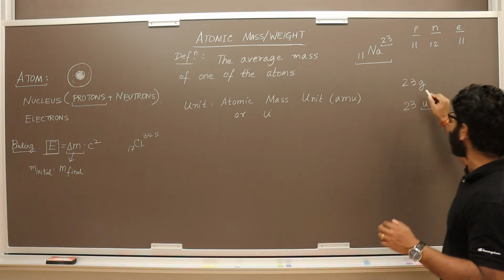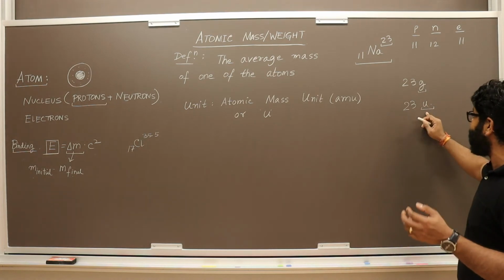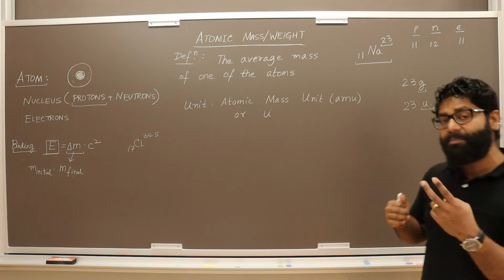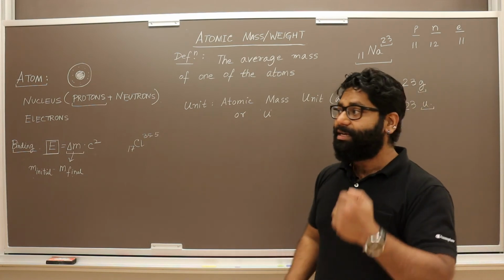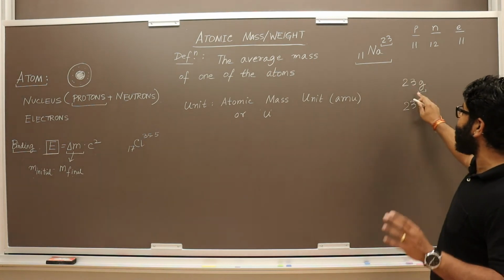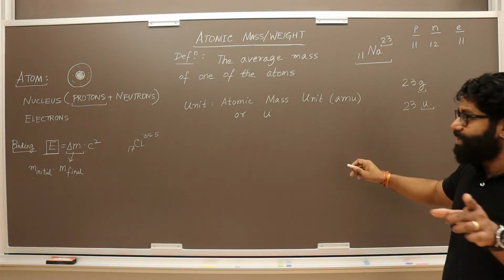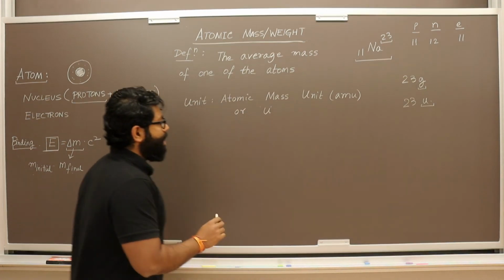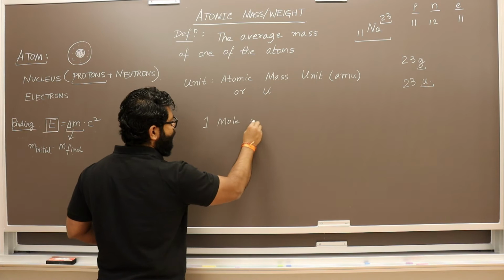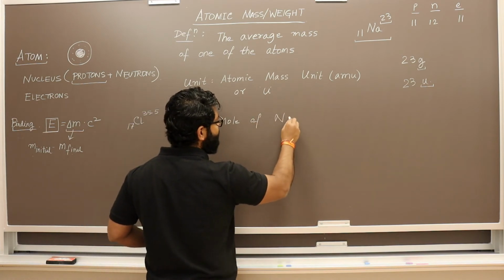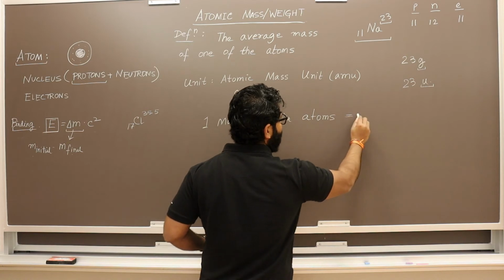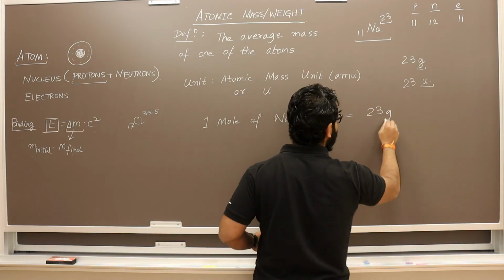Now there's a relationship between this gram and this u. When we talk about atomic mass, people can represent it in two ways. I can say the atomic mass of sodium is 23 grams, and that will mean that 1 mole of sodium atoms will have a weight of 23 grams.